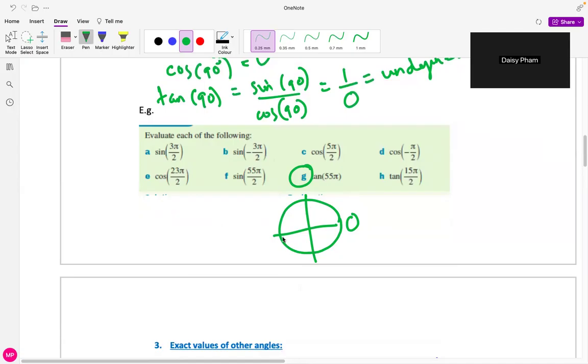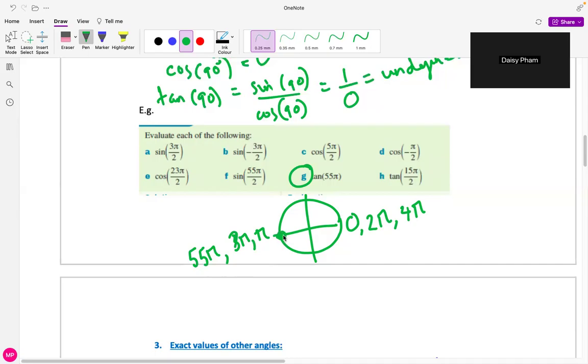Pi is 180, so that is 1 pi. And if you go again, that's 2 pi. And then if you go again, that's 3 pi. And then 4 pi on this side, continue. So you can see all the odd number pi on this side and all the even on the other side. 55 is an odd number, so 55 will be on the left side, which is here.